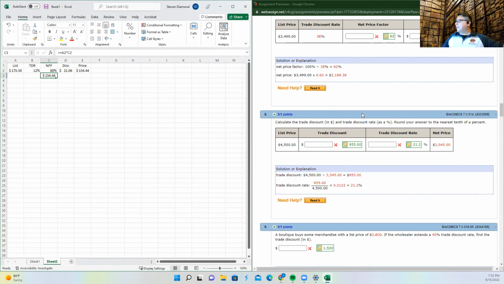Now, where it gets complicated. They say, like in this one, calculate the trade discount in dollars and trade discount rate as a percentage. Round your answer to the nearest 0.1%. So we have to know how to manipulate these formulas around.